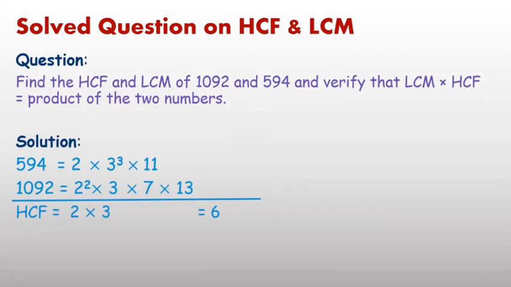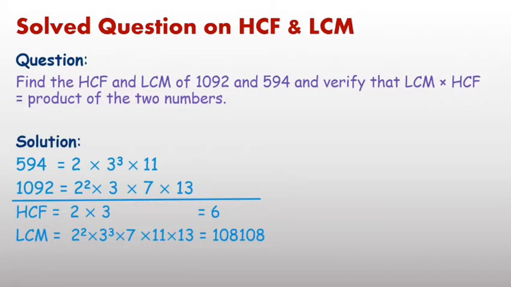So the product applying the lowest powers is 2 power 1 into 3 power 1, equal to 6. That is the HCF.